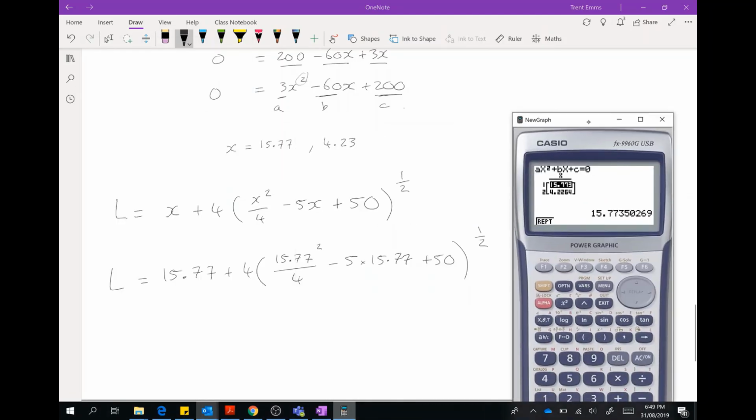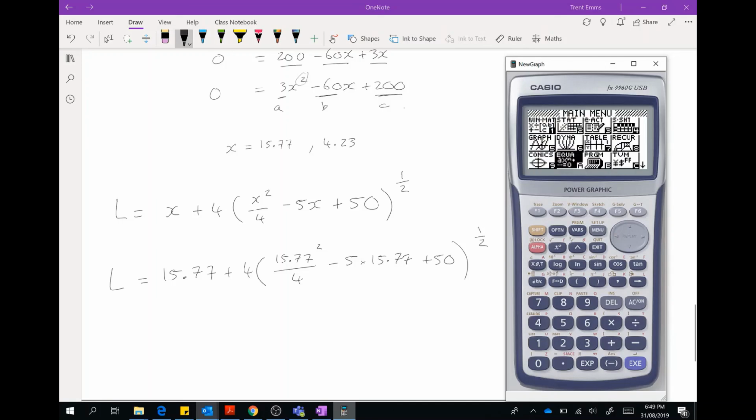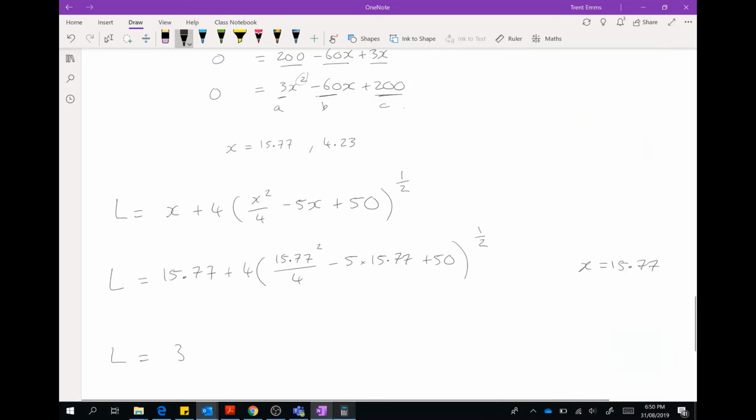Chuck in the calculator. 15.77 plus 4 lots of a quarter times 15.77 squared minus 5 times 15.77 plus 50, and that's all to the power of 0.5, which is a half, and we get a length of 38.86.